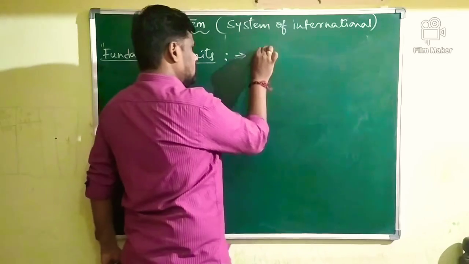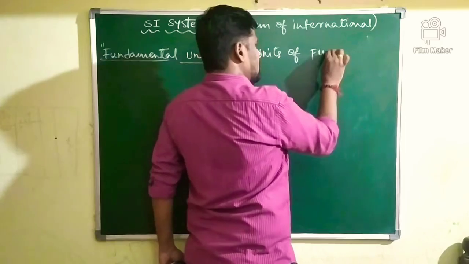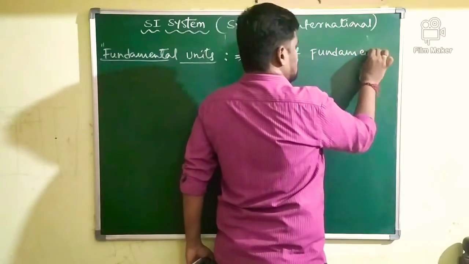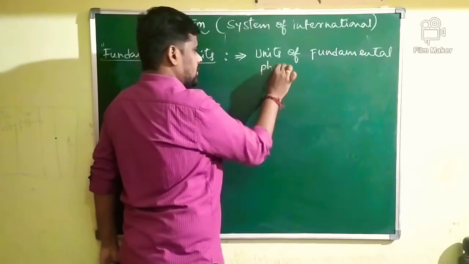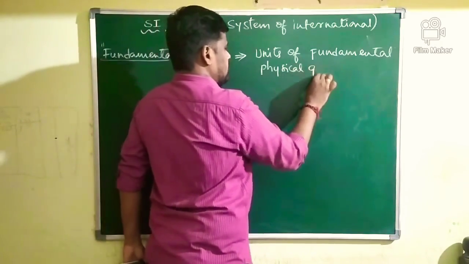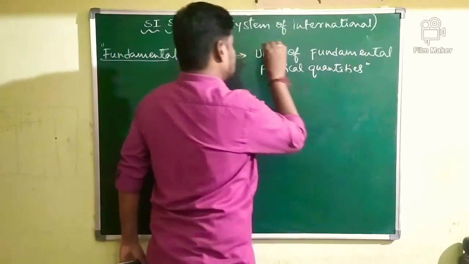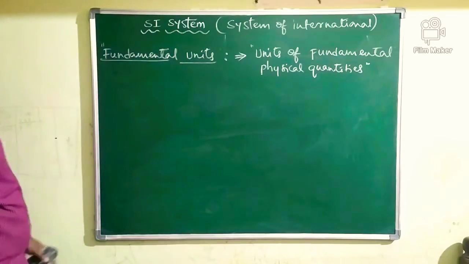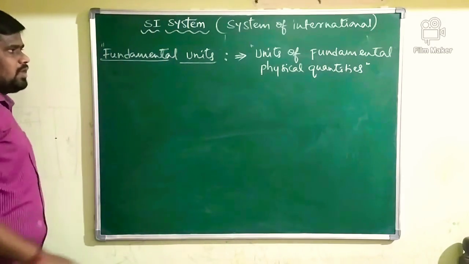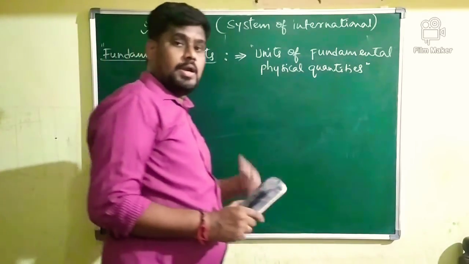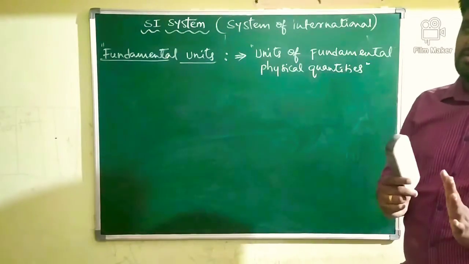Units of fundamental physical quantities. The units of fundamental physical quantities we call fundamental units. Now I will write 7 fundamental units for the 7 fundamental physical quantities which exist in physics.